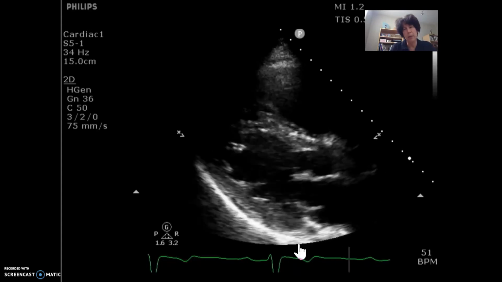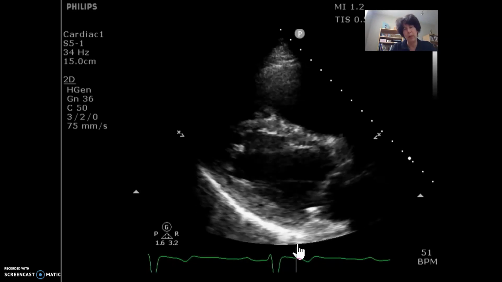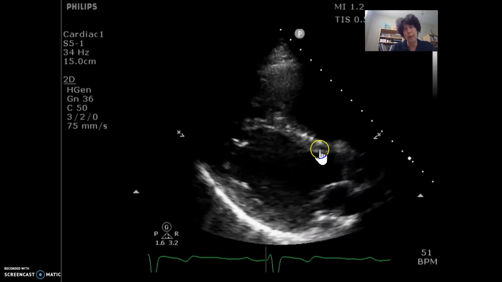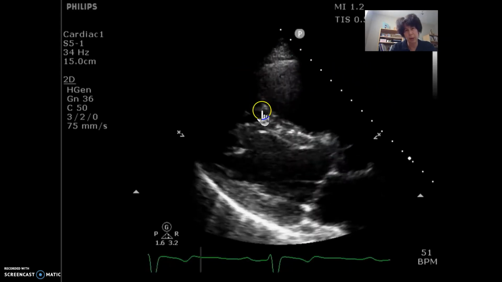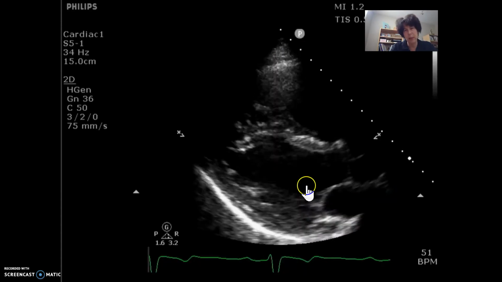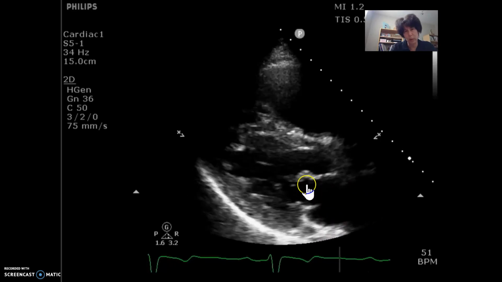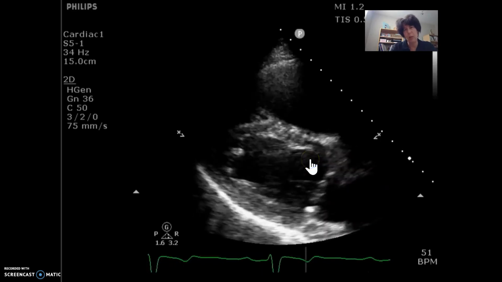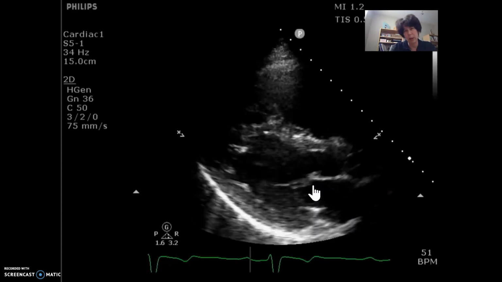If you go back and look at the normal heart, you will see that this RV here is rather large. And the other thing that you will note is that this mitral valve is not opening as well as you would see when you look at the images of the normal heart, which does imply that there's some degree of decreased cardiac output.